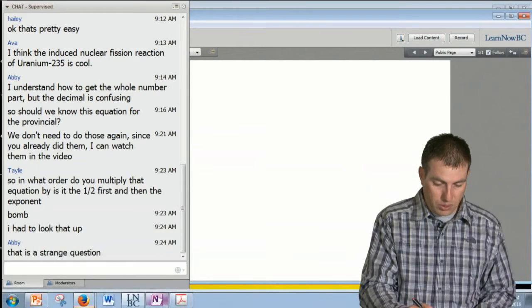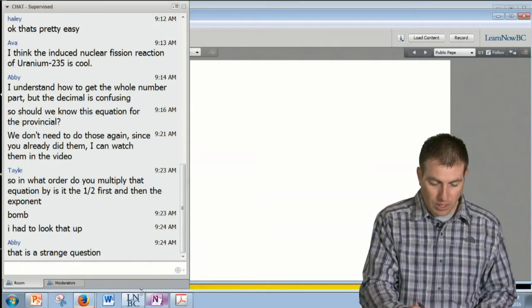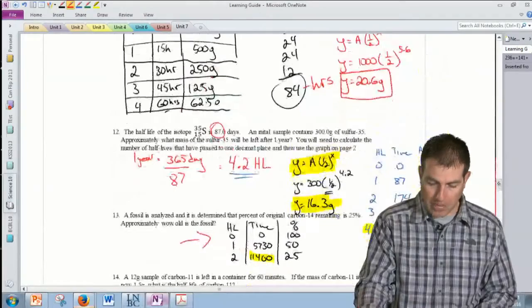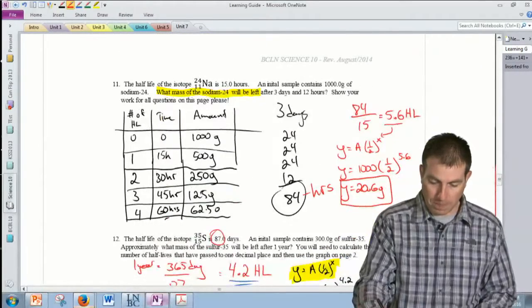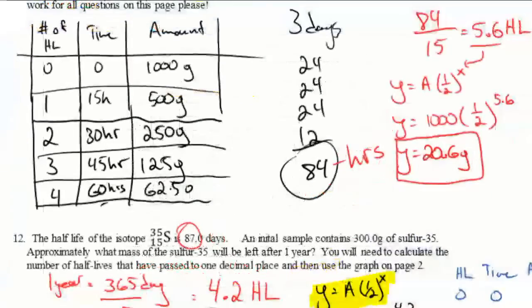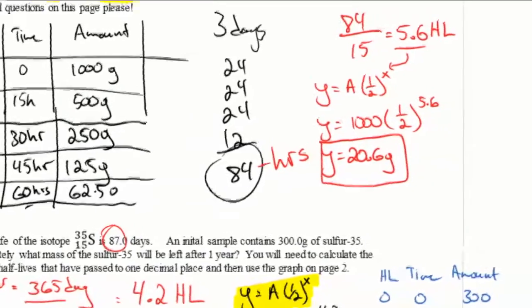What order do you multiply the equations to the half is first and the exponent? Since we already did them, which ones? Okay. With the equation, I kind of work my way backwards. So in my calculator, I would write 1/2 is the same thing as 0.5.